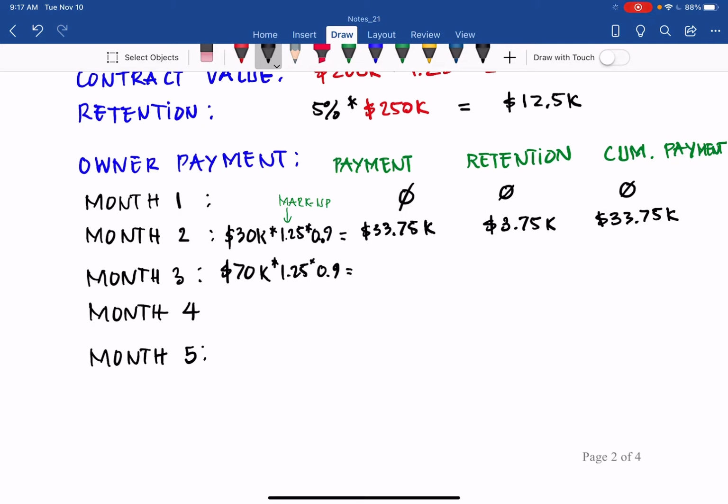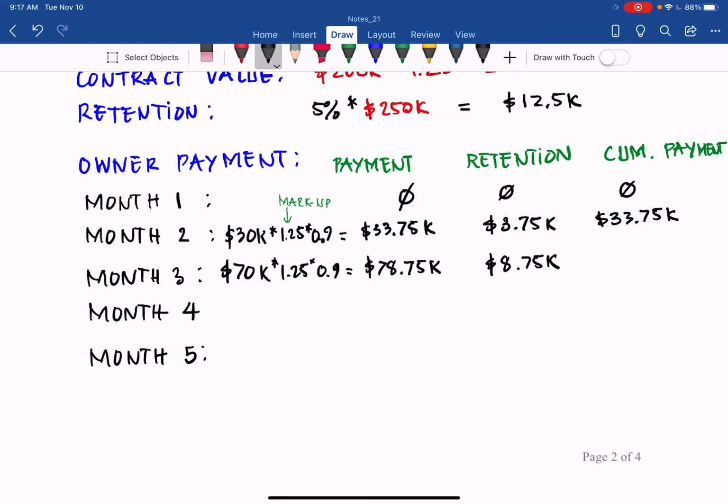So with that, we have 78,750, and the retention of 10% of the remaining, which is 70,000 times 1.25 times 0.1, so you have that equal to 8,750.